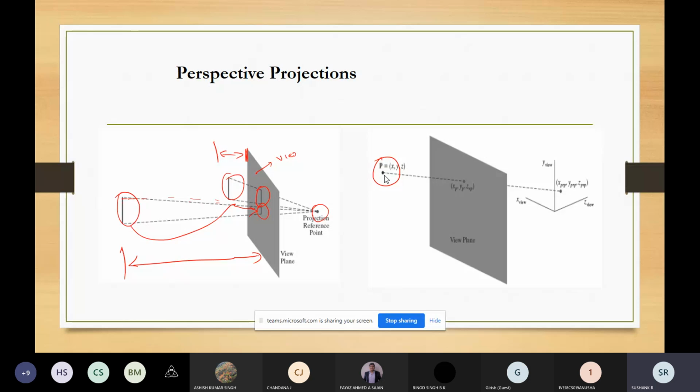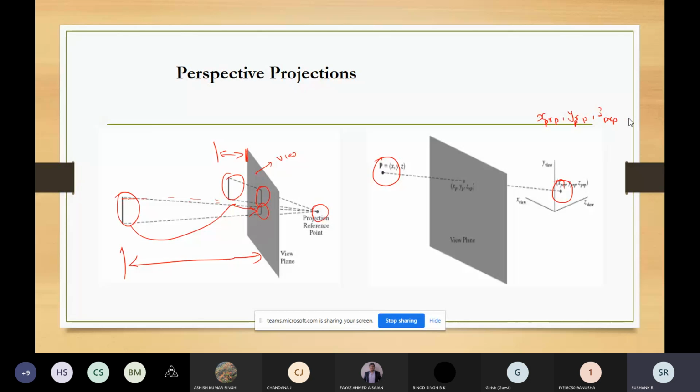This point is being projected along a line to a point which we call the projection reference point, given by x PRP, y PRP, z PRP. PRP refers to the projection reference point.